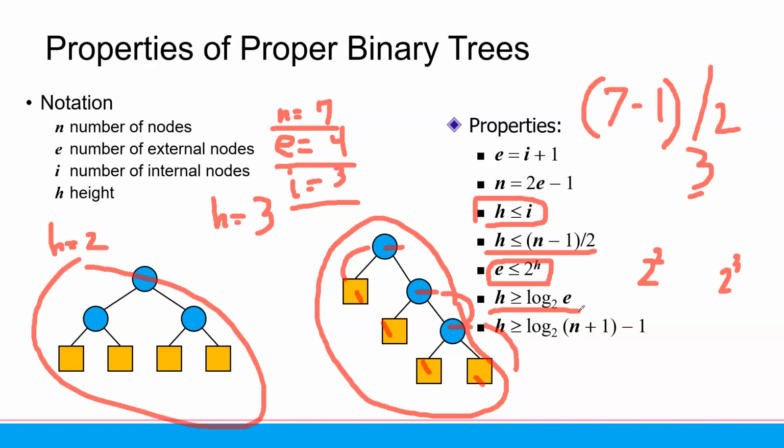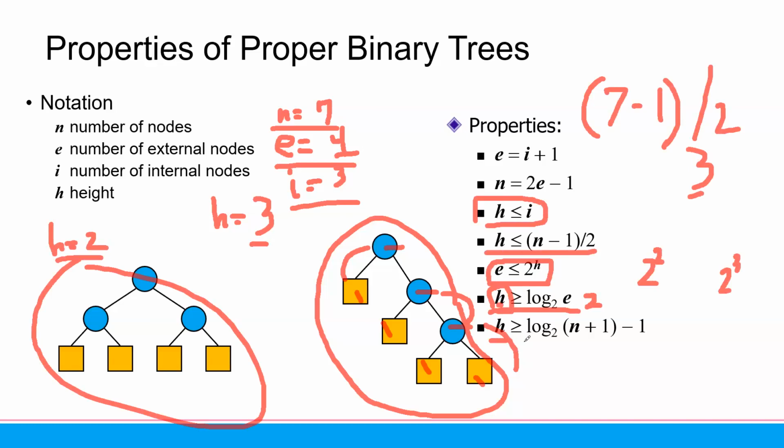And then h is higher than or equal to log base 2 E. Let's say this one, 2 is higher than or equal to log base 2 E, log base 2 4. Then it means it is 2. So h can be 2, h can be 3.